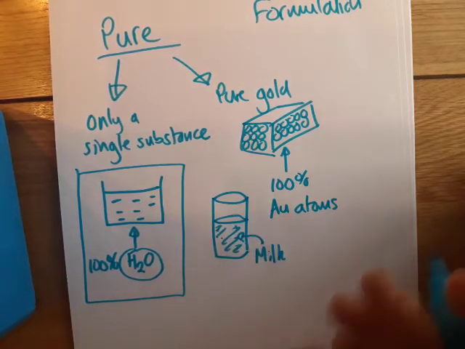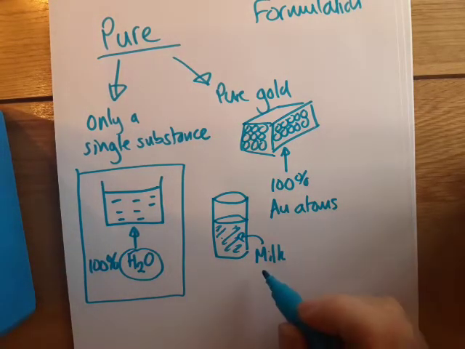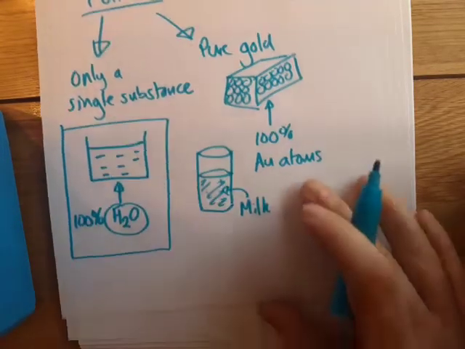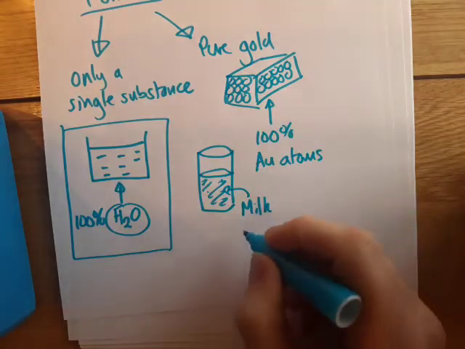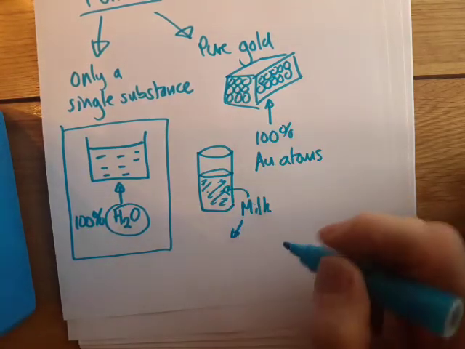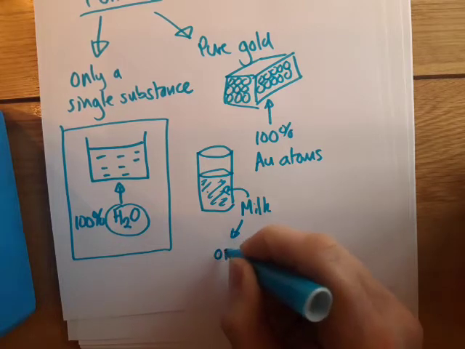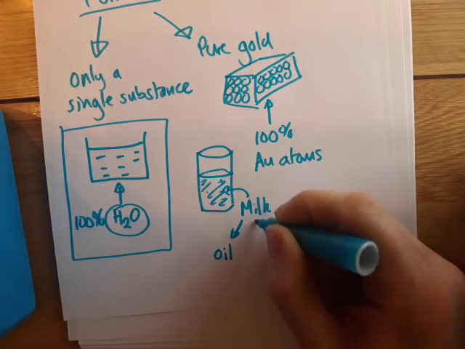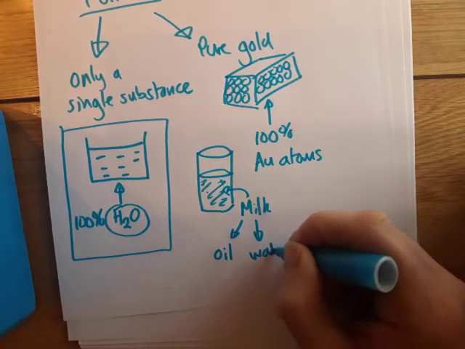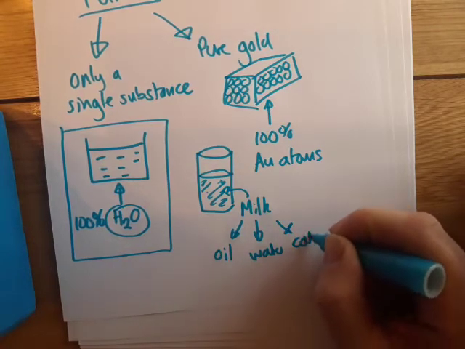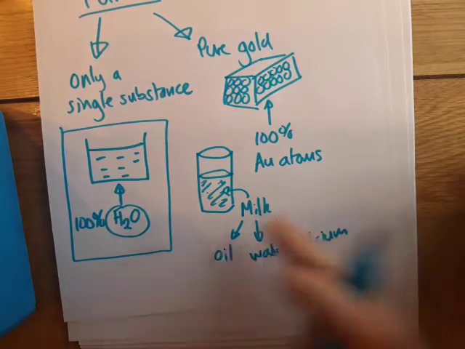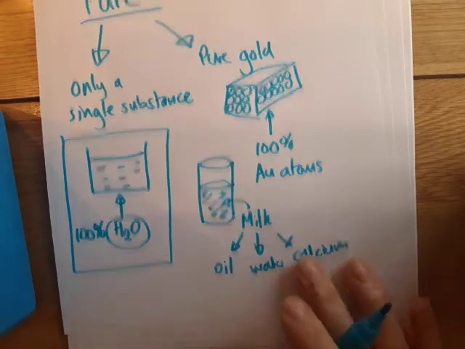No. So as a chemist, if somebody says to me, I've got a glass of pure milk, I know what they mean when they say pure milk. It just means milk. But you cannot have pure milk as far as a chemist is concerned, because I know that milk is actually a mixture. It is not pure. It is a mixture of oils and fats. It has got water in it. It has got calcium in it. So milk is not a pure substance. It's actually a mixture.